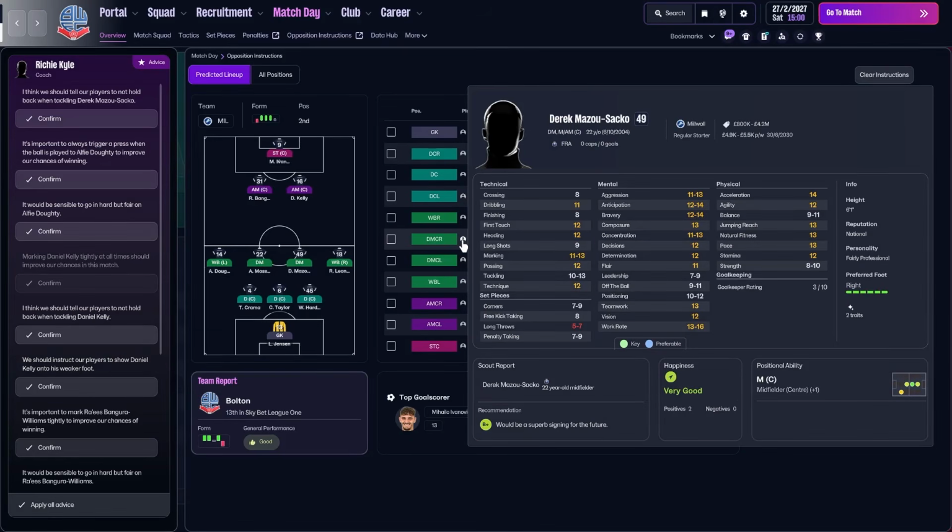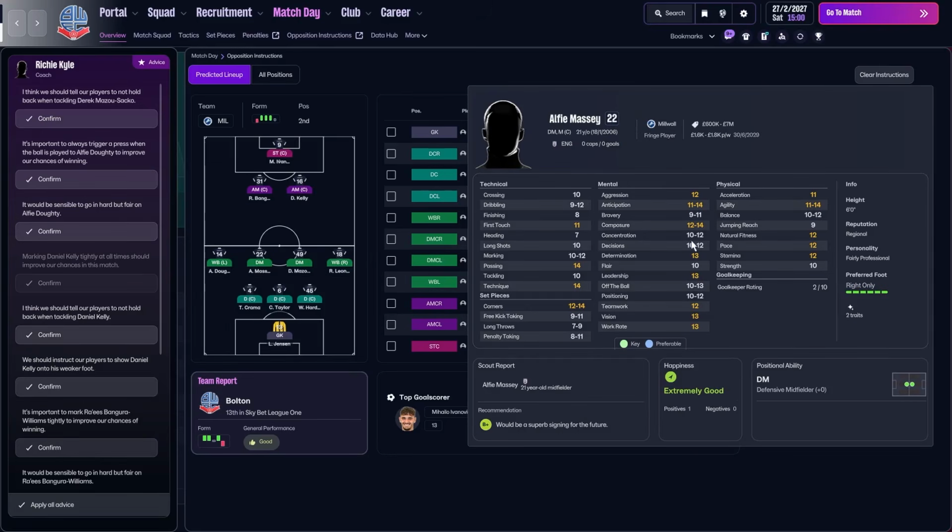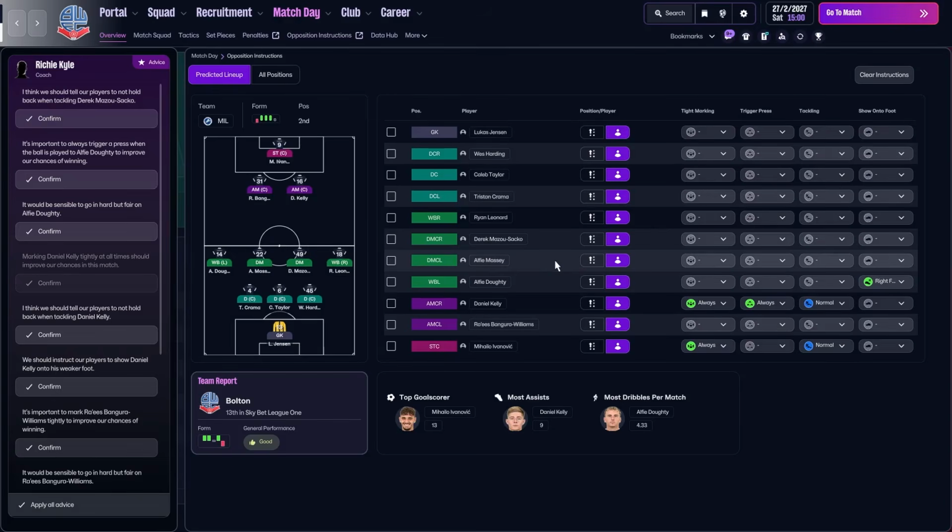So whichever player here gets possession of the ball, looking at the bravery of Derek Sacco, 12 to 14, his concentration is quite good as well, or let's say average in this particular division. Looking at the other guy, Alfie Massey, bravery not so good, concentration not so good as well. So Alfie Massey is a player that I'm going to trigger press in this particular situation, and I'm also going to put a hard tackle on him because if you hard tackle him, he can have a very, very poor game.